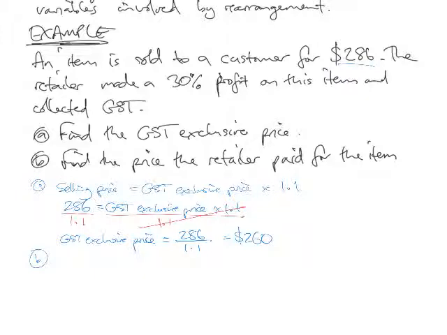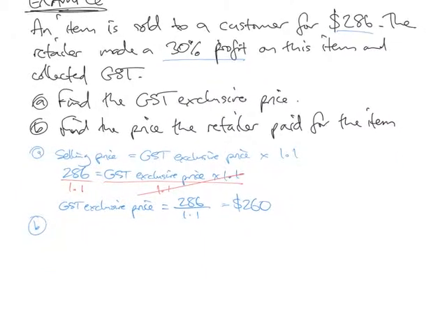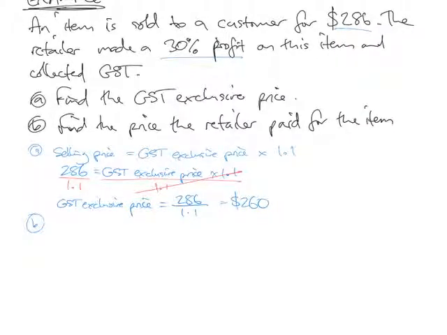B. Find the price the retailer paid for the item. So this uses the information that they made a 30% profit on the item. Okay, so what you need to remember is the percentages again and how they relate to decimals. The GST exclusive price is equal to $260, which is made up of the cost price plus the markup.